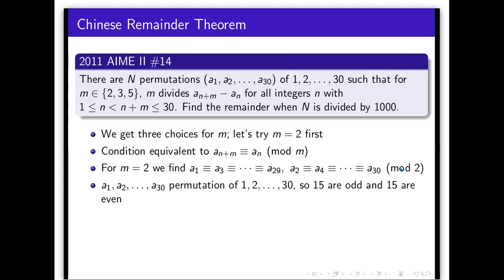So 15 of the a sub i are odd and 15 of them are even. But A1, A3, and so on all have to be the same parity, same with A2, A4, and so on. So either A1, A3 through A29 are all odd and the a sub even are even, or a sub odd is even and a sub even is odd. So we have 2 ways to make this decision.